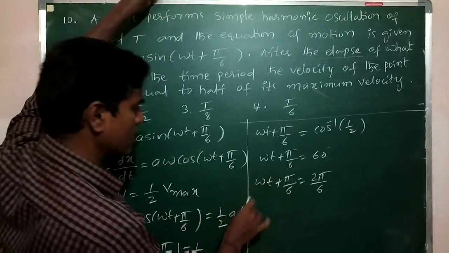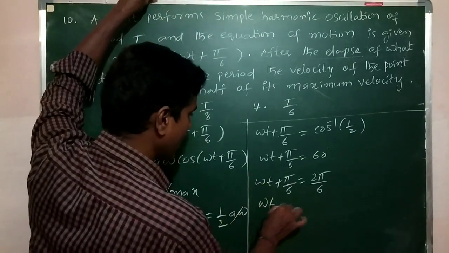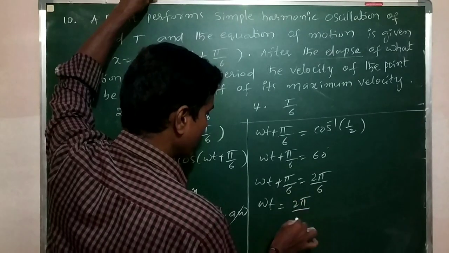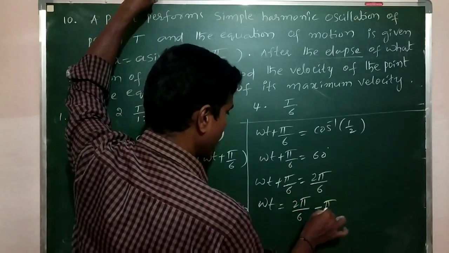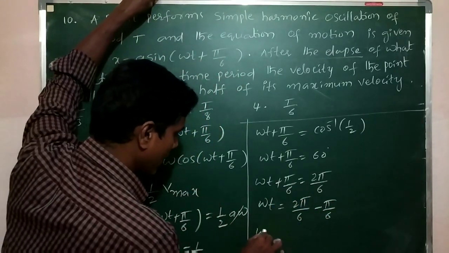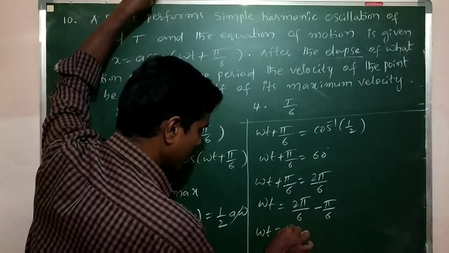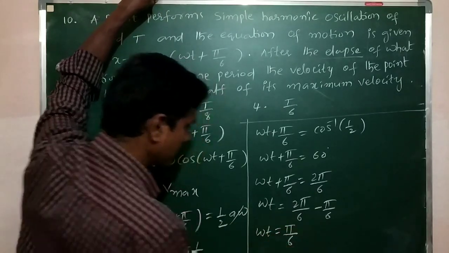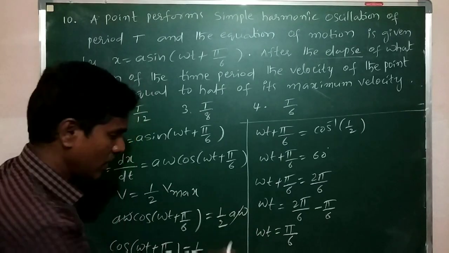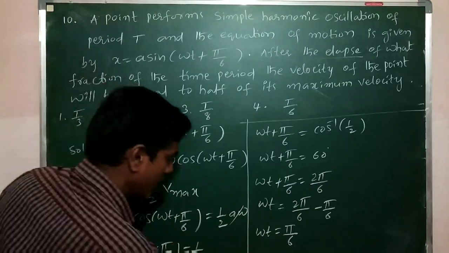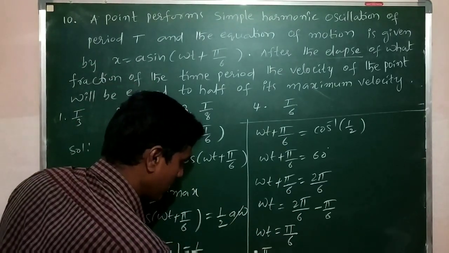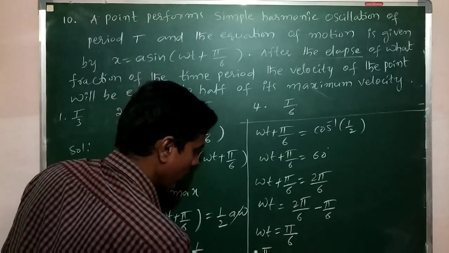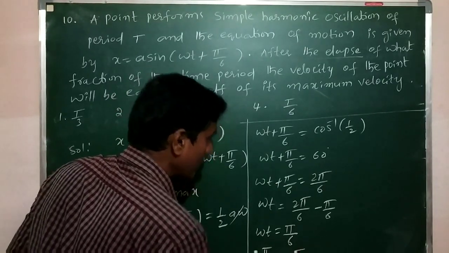Now omega t is equal to 2 pi by 6 minus pi by 6. So omega t is equal to pi by 6. Actually omega is equal to 2 pi by capital T, the time period, into small t is equal to pi by 6.